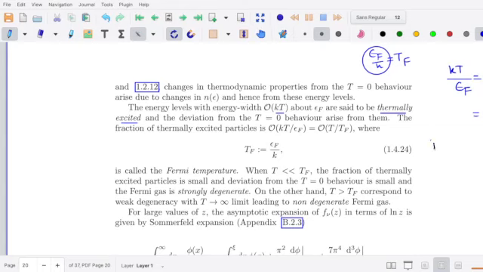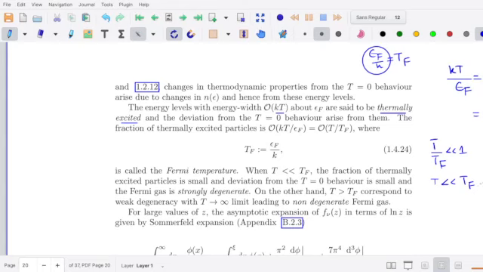So when T by T_F is much less than 1, the behavior is more or less similar to the T equal to 0 behavior, and we would say that the Fermi gas is strongly degenerate.